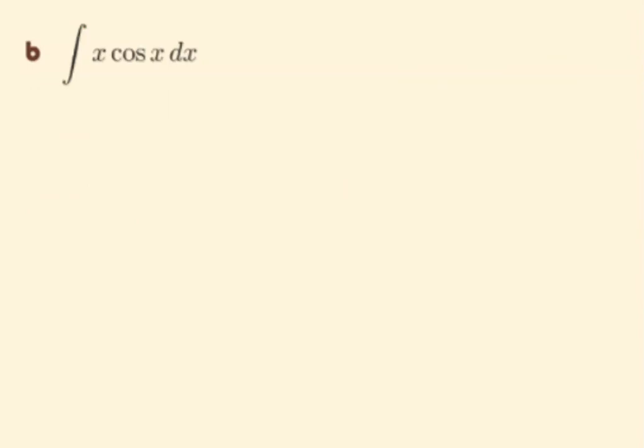All right, next one. Let u equal the one that becomes simpler when you differentiate, which is x. So u' is equal to 1, and for v, if I integrate cos, I end up with sine.